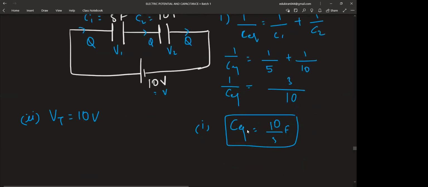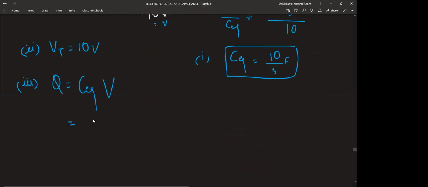Total capacitance is this, total voltage is this. So can we not calculate the total charge? Total charge is total capacitance multiplied by total potential. So this is 10 by 3 multiplied by 10, which becomes 100 by 3 coulomb.